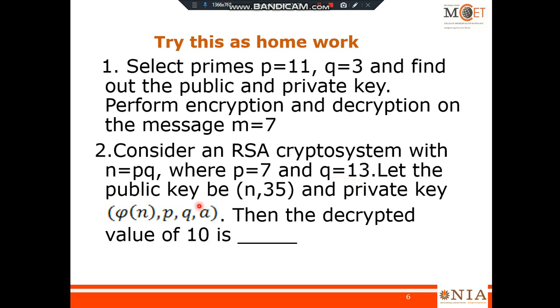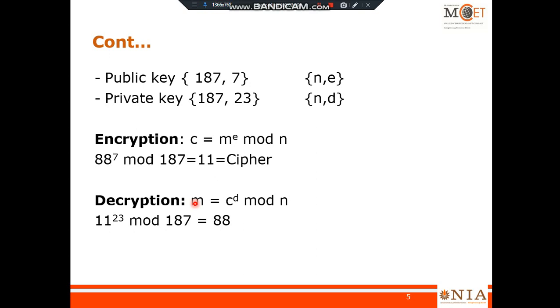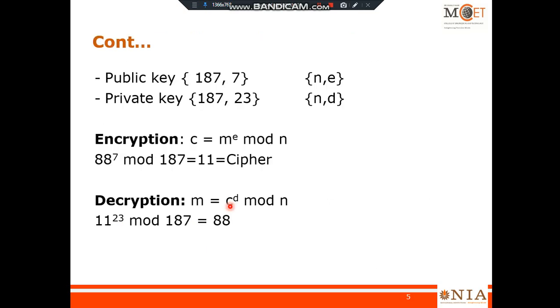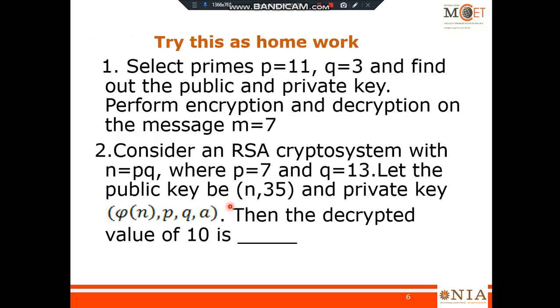You have the public key with you, so you can calculate your private key, and you have the equation to calculate your plain text: message equals C power D mod n. C is nothing but the ciphertext. Your ciphertext here is 10. So 10 power D mod n. Try to complete this problem.